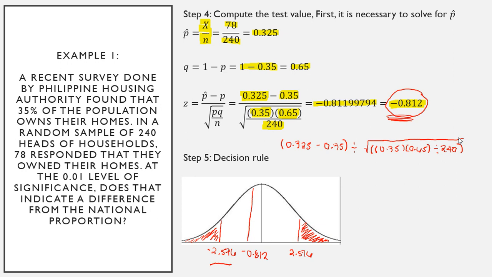On your part, you may see the following digits, which is negative 0.81199794. So don't forget how we solve it on the calculator, so that when the unit test activities come, it will be very easy for you to solve.